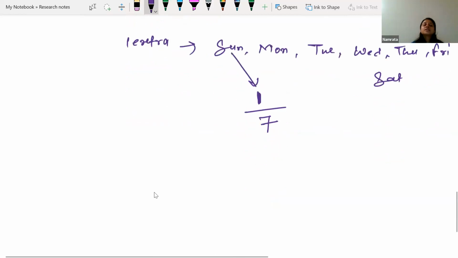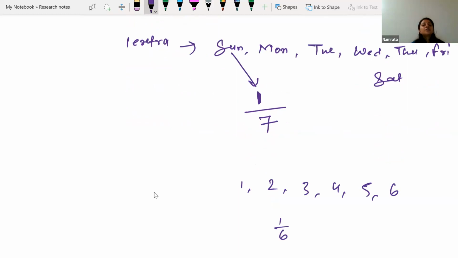It's just like when we are throwing a die, the outcome is 1, 2, 3, 4, 5, 6. Now the probability of getting 2 is 1 by 6. The probability of getting 6 is 1 by 6. Similarly, the outcome can be Sunday, Monday, Tuesday, Wednesday, Thursday, Friday, Saturday. Out of this, what we need? Sunday. That means 1 by 7 probability will be there. That's it. Okay.